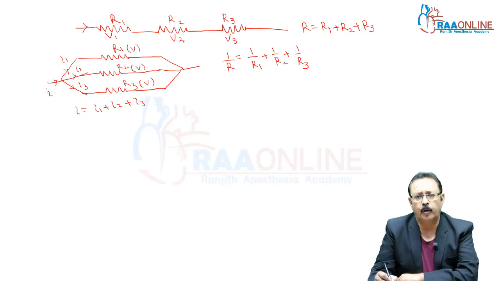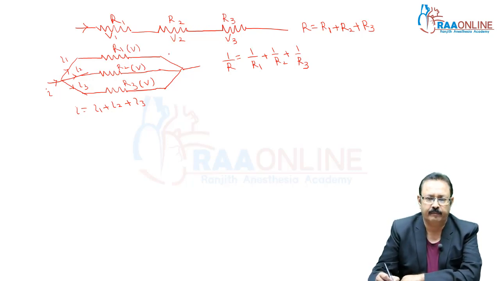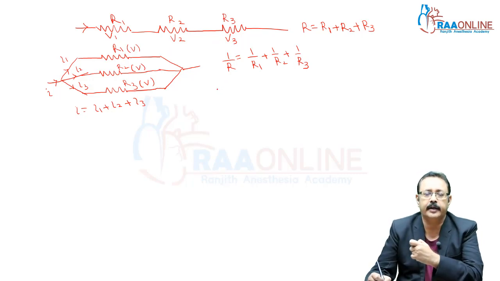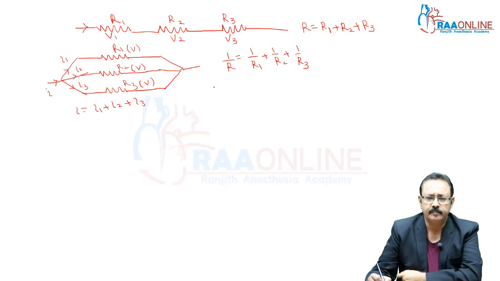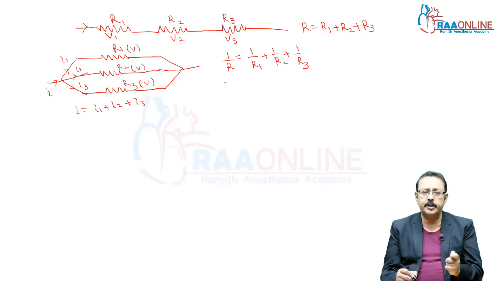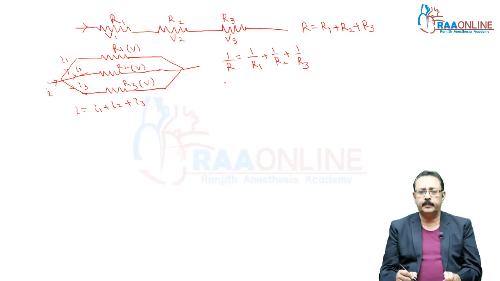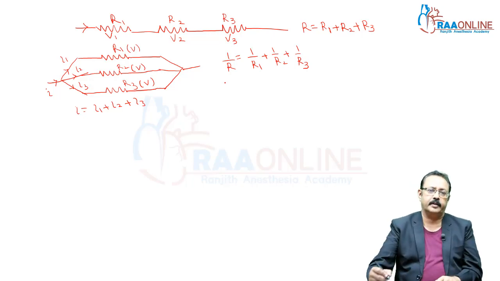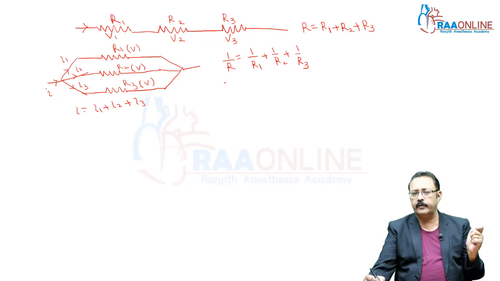So many types of problems they can frame. Maybe conceptual, maybe calculation, they can use the series. So remember one result for series. 3 types of series are there: AP, GP and HP. Arithmetic progression, geometrical progression and harmonic progression. Since arithmetic progression was in 10th class, I am not discussing that.